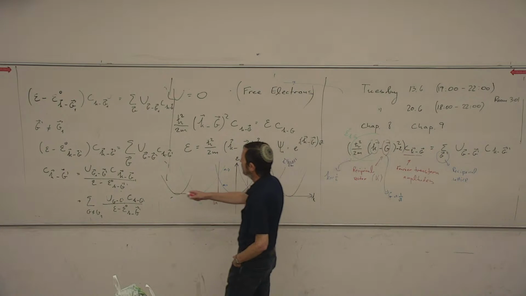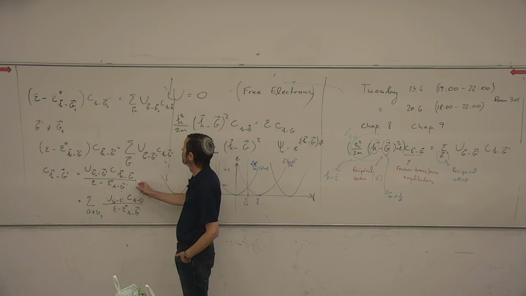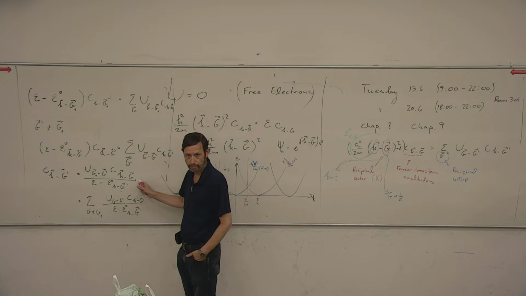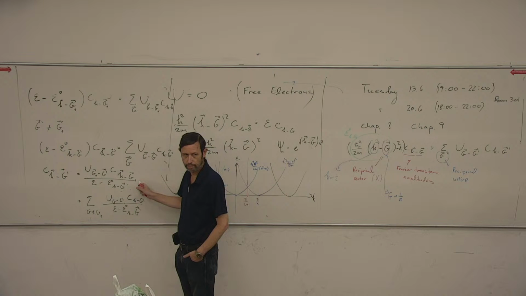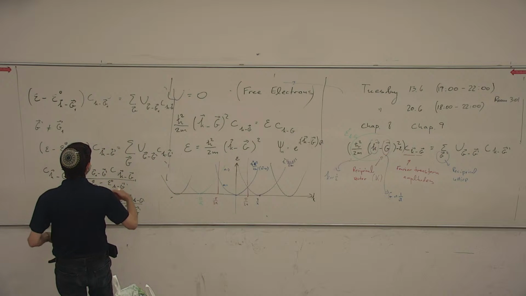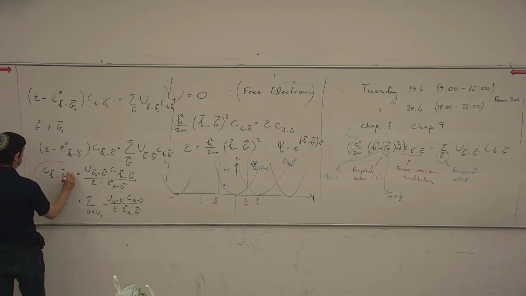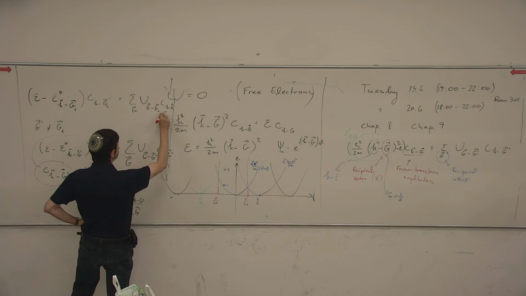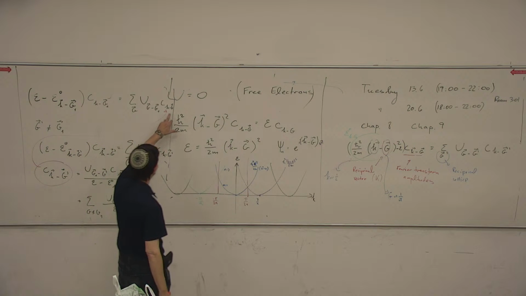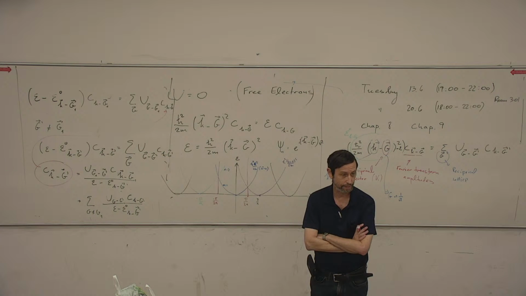Why did I do this whole exercise? I want to take this expression and return it into here in order to close this self-consistent equation.